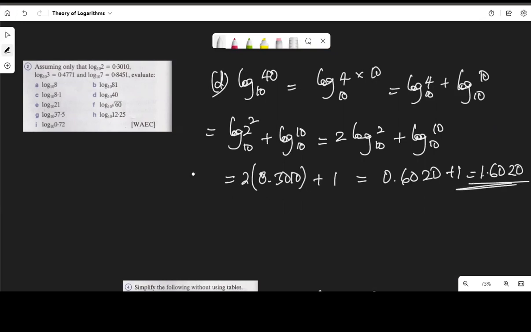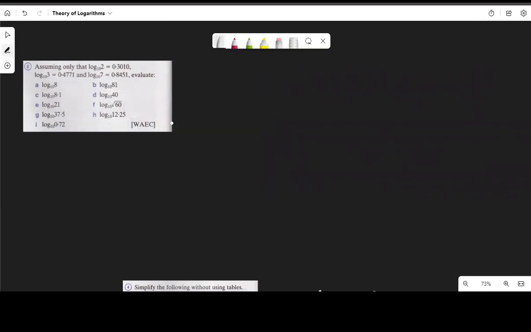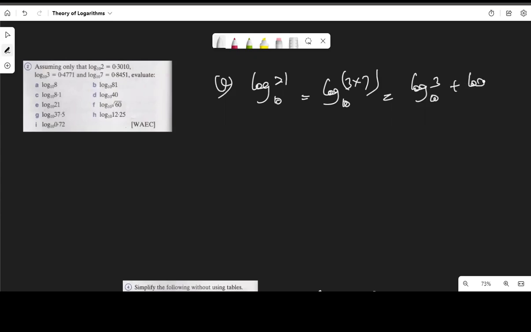And then question E. For E we have log 21. We can write this as 3 times 7 to base 10, which is log 3 to base 10 plus log 7 to base 10.